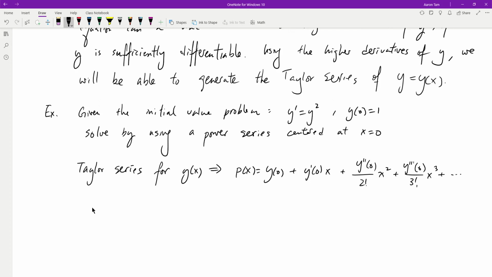Let's start with the following. We know that y prime is equal to y squared. We then know that y prime at 0 would equal y of 0 squared. And since we know y of 0 is 1, that means it's 1 squared, which is 1. So that gives me y prime of 0.